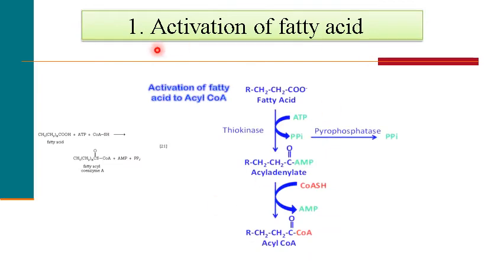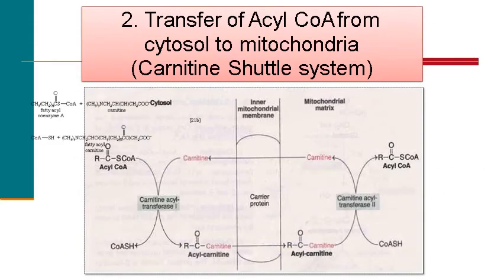So this is the first step. You can see that fatty acid is activated with the help of ATP consumption and converted to acyl coenzyme A. This acyl coenzyme A undergoes the carnitine shuttle system and is transported from cytosol to mitochondria.